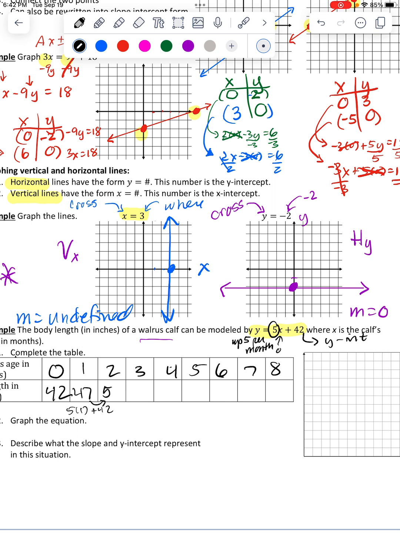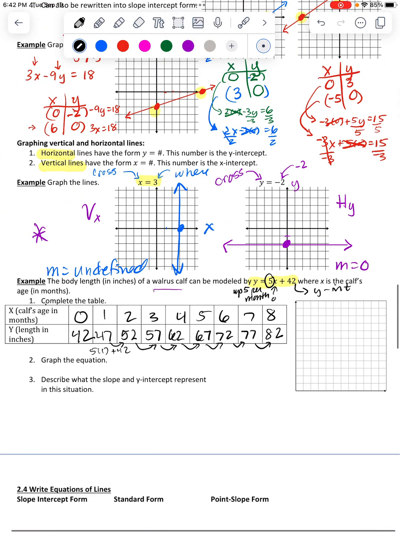So up 5 from 47, up 5 from that, up 5 from there. Oops, that's a big jump because adding is hard. Up 5 from there, and so on. Because that's my slope, my rate of change, up 5 per 1 month. So every month I go over, I go up 5 in length.